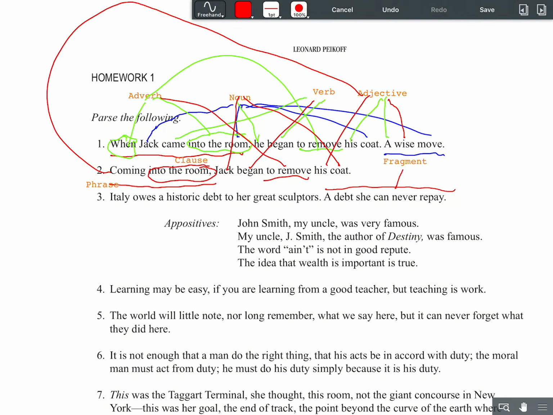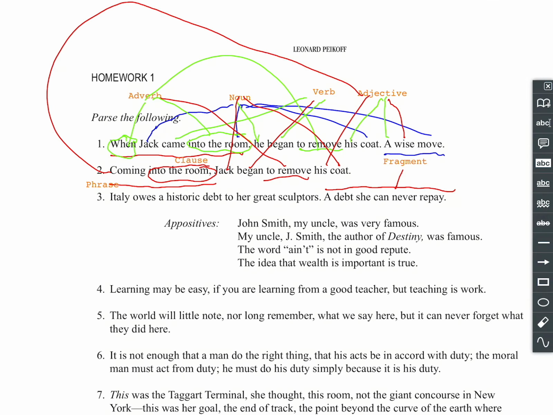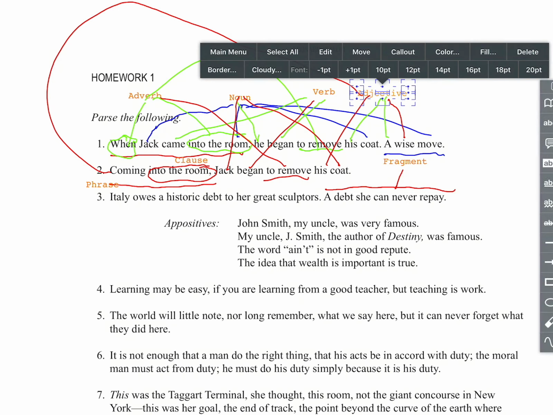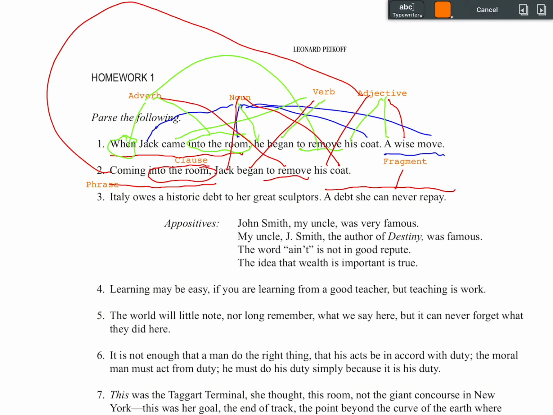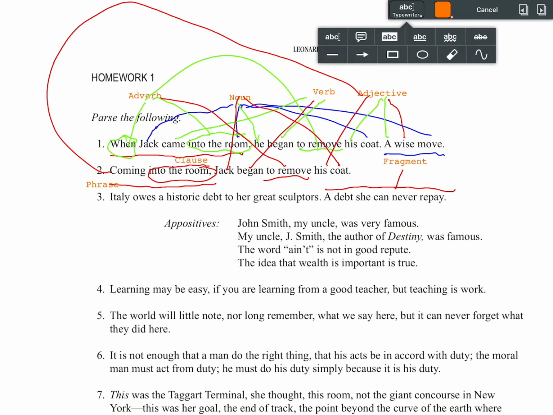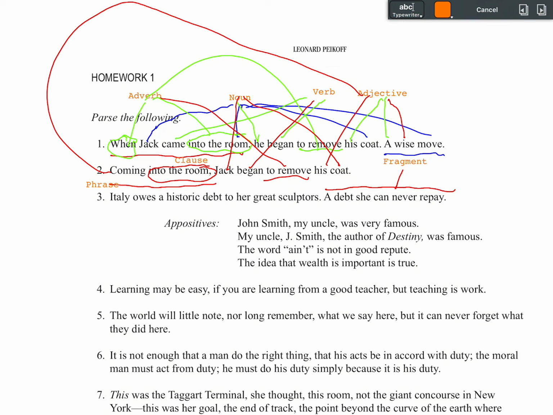Well, I'm gonna go ahead and make more things. Alright. Can I like take one of my words and copy it? Edit, move, call out, color, fill. Nope. Okay. What is typewriter?